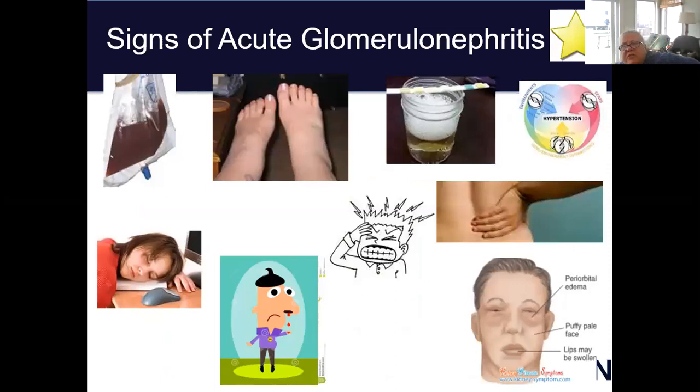So what are some of our signs of glomerulonephritis? Well, very dark urine in the upper left-hand corner, dependent edema, dependent pitting edema, those big old ankles there. You see that urine sample there? What stands out when you look at that picture of that urine sample?